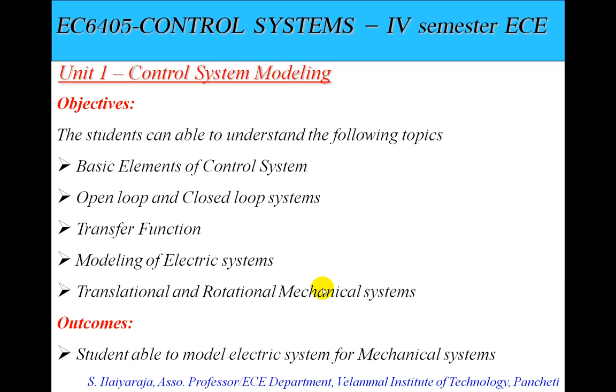Today is a good day as you are going to learn the control system, Unit 1. Here, Unit 1 is control system modeling.